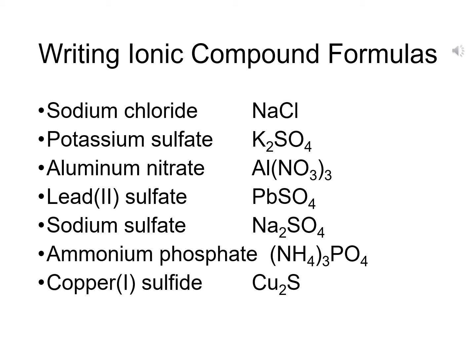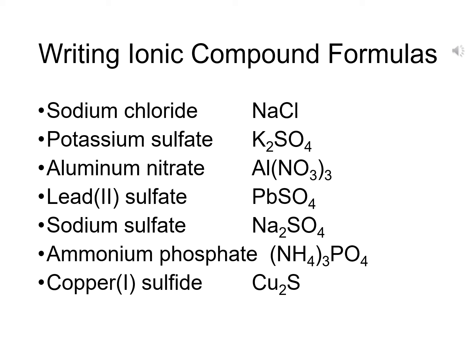So we have a 3- from the phosphate and a +1 from the ammonium ion. So we're going to need 3 ammonium ions. 3 times +1 gives us +3 to balance out the -3 from the phosphate. So when we add -3 and +3, we have a total of 0, because we always want a 0 charge on ionic compounds.